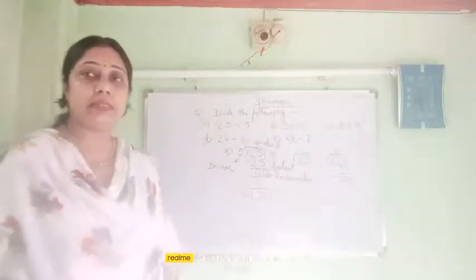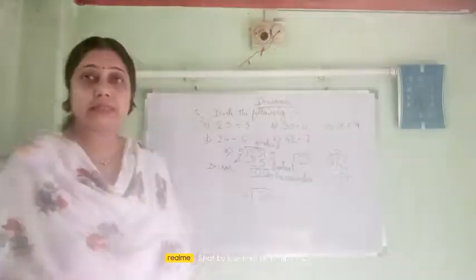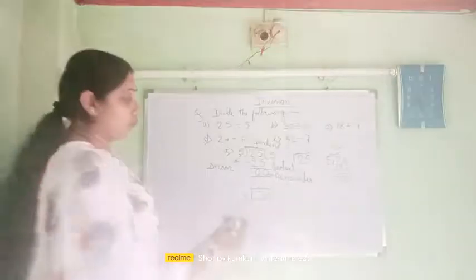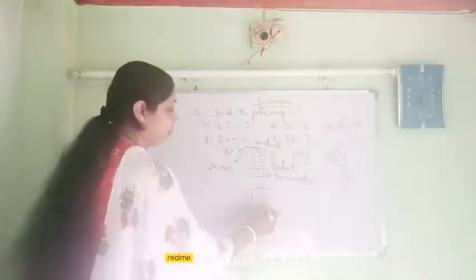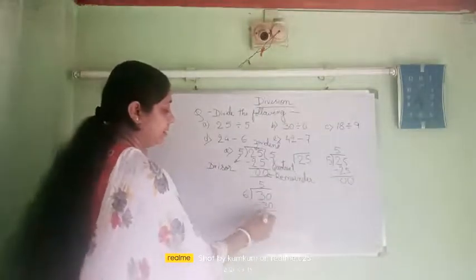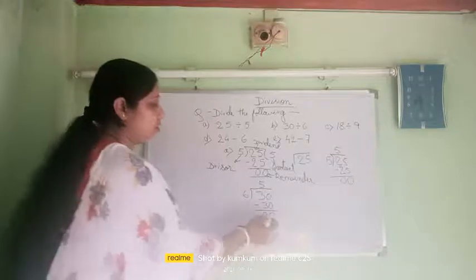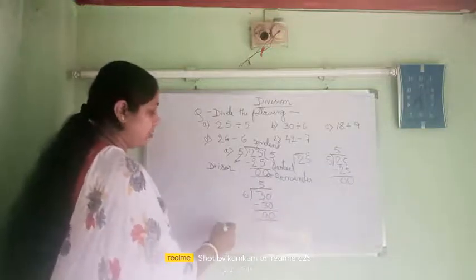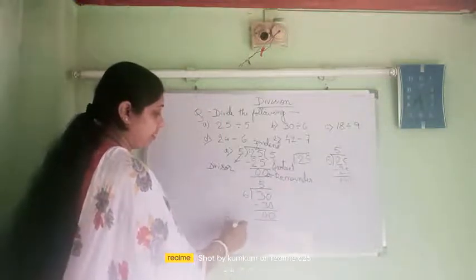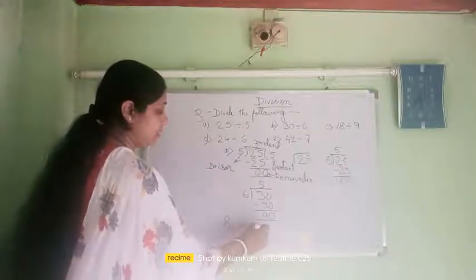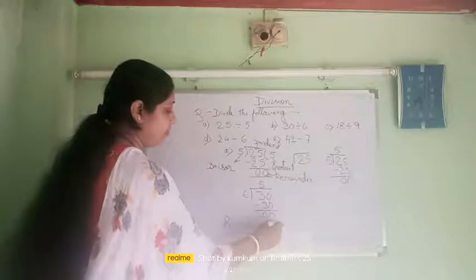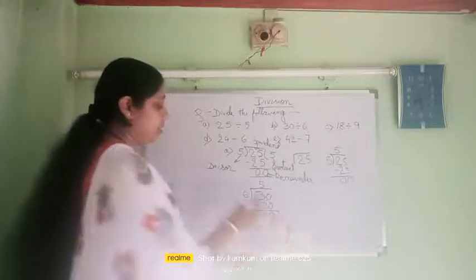Now 6 how much is 30? 6 5s are 30. So I will write 5 and subtract 30, 0. So 30 divided by 6 equal to 5, R equal to 0.